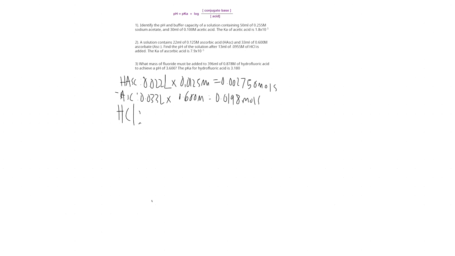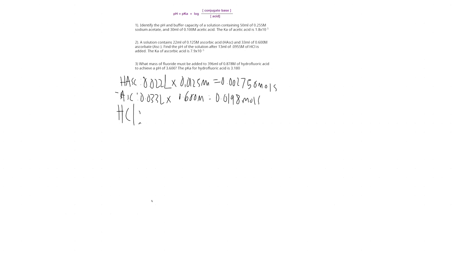And as a result, that's how much ascorbate will be used, and that's how many moles will be used. So we can just subtract the moles of HCl from the moles of ascorbate, because like I said, all of the HCl will react with the ascorbate. And so that's how much ascorbate you lost.